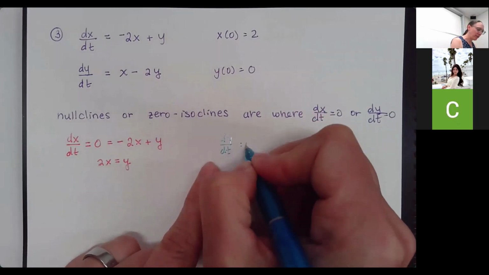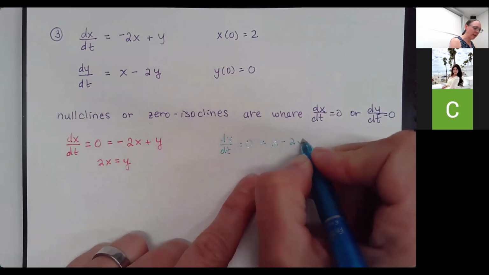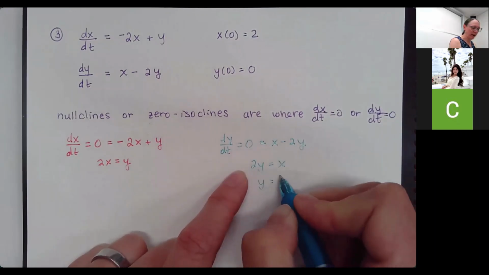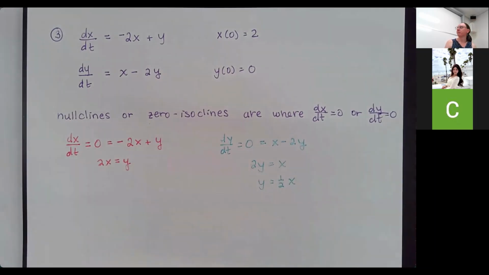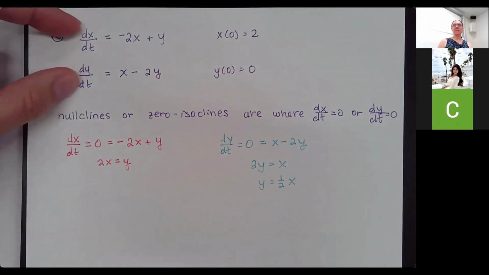If I set that equal to 0, and I've got x minus 2y, that means 2y is equal to x, or y is equal to 1/2 x. So what's special along my nullclines, not the eigenlines, is that I know that one of these two pieces is exactly 0.